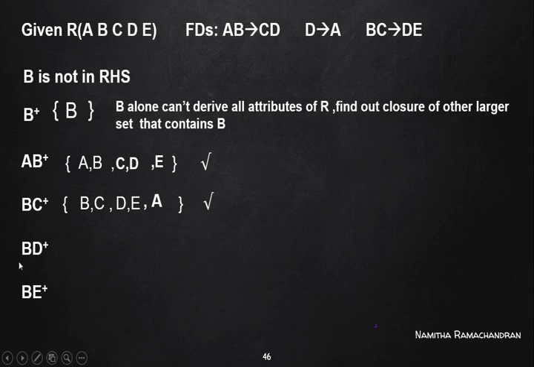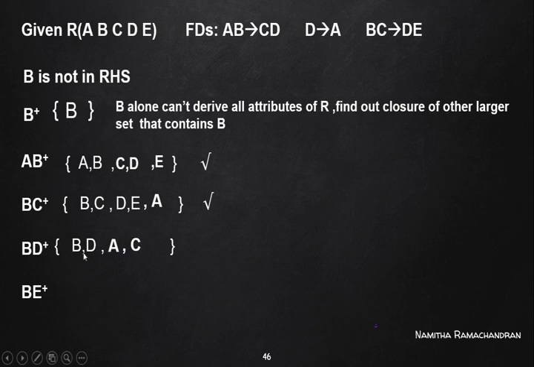Again check this BD. Okay, then this BD, the closure set contains BD first. Then if we know D, we can derive A. Then this AB, it can derive C also.